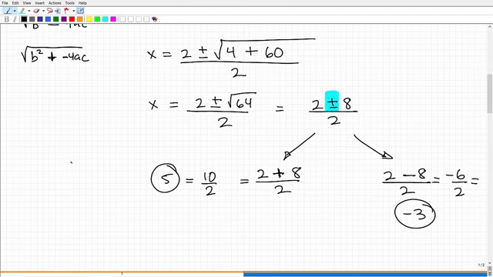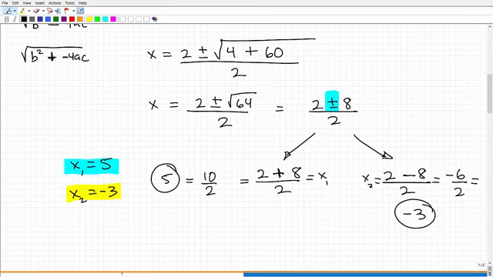Sometimes you'll see this written as x1 being 5 and x2 being negative 3, okay? So you can even write this out this way, x1 and x2. All right, so the notation sometimes varies a little bit, but here's the bottom line. You have two solutions to this quadratic equation, okay?